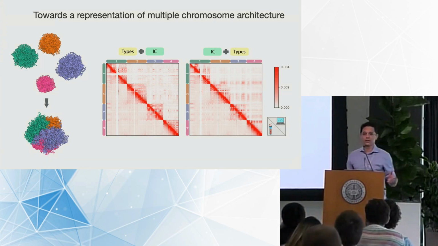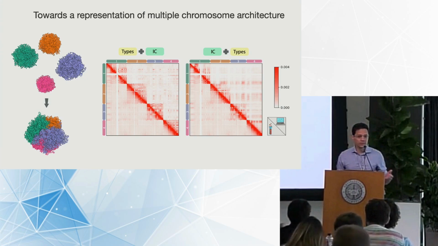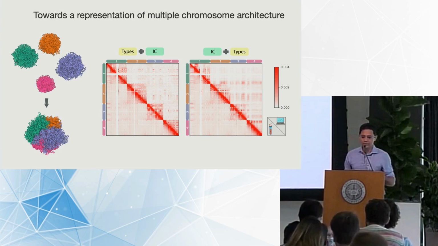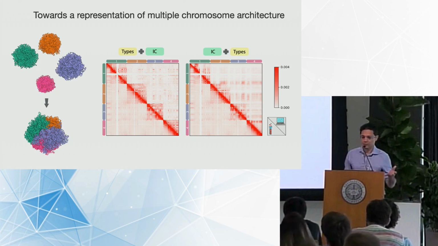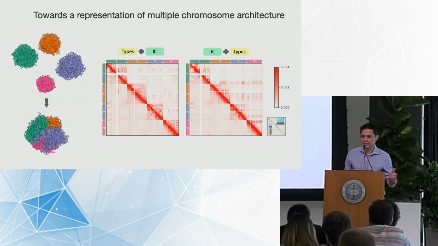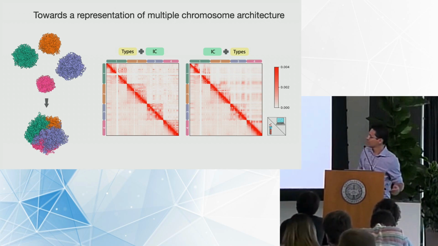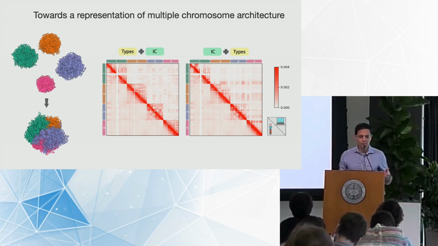When we used the previously trained model, the interactions between the different chromosomes, the interchain interactions, were underestimated.